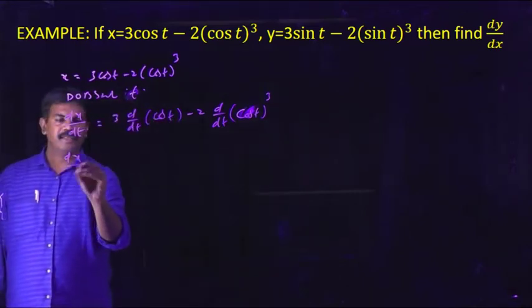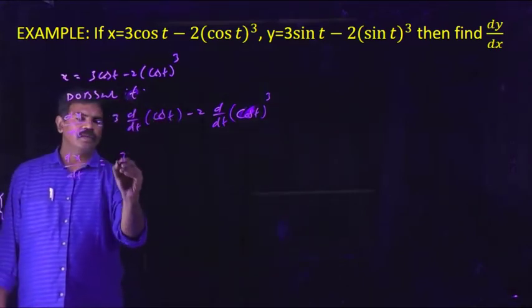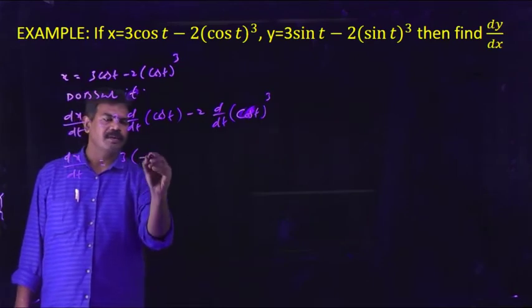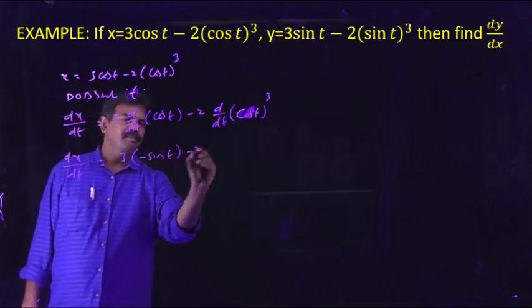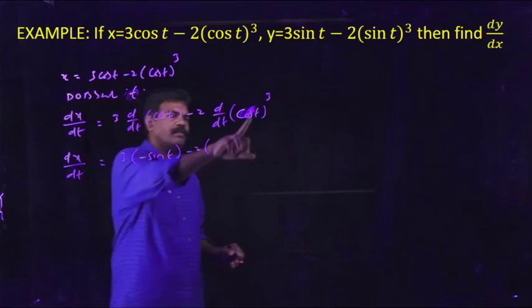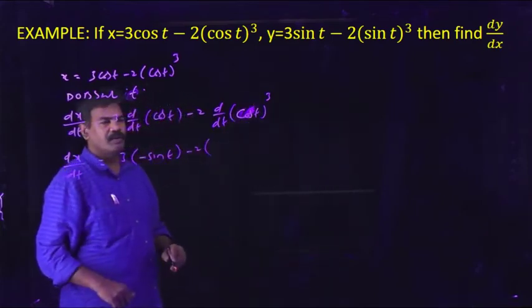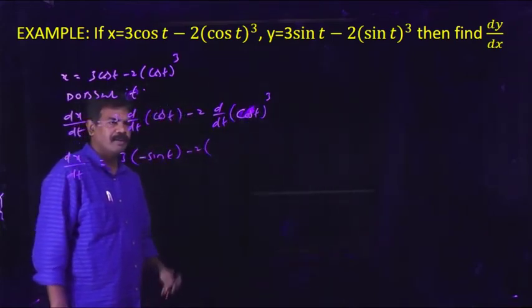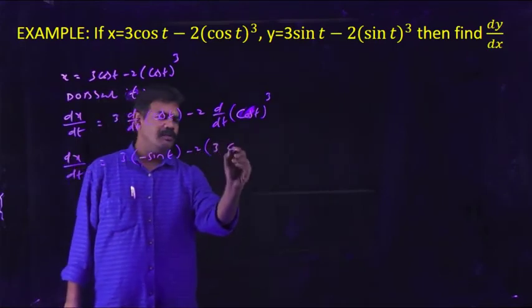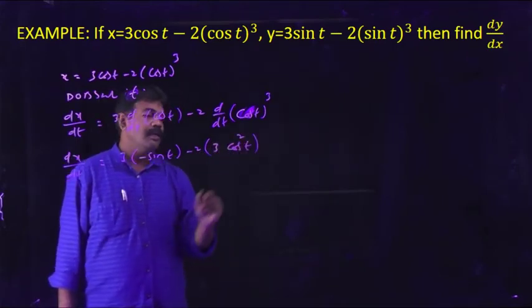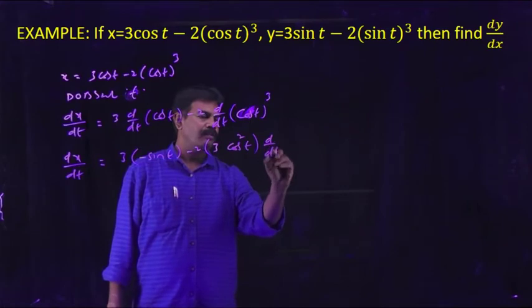dx by dt is equal to 3 into derivative of cos t, which we know is minus sin t, minus 2 into, it is in the form of x power n. We know the formula for x power n, that is n into x power n minus 1. That is 3 into cos square t, again derivative of cos t.